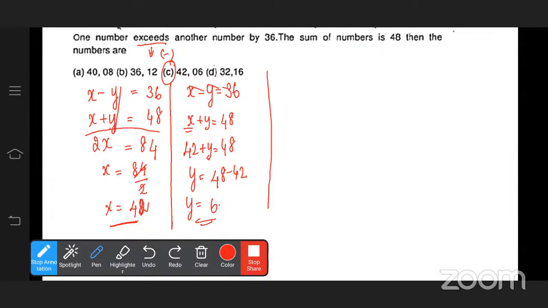So in many ways you can get the y answer if you find the x answer. Shall I move on to the next one? Yes, ma'am.